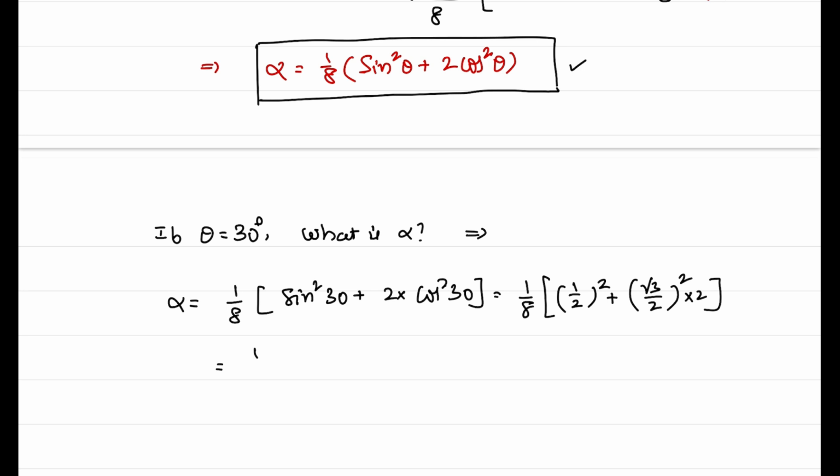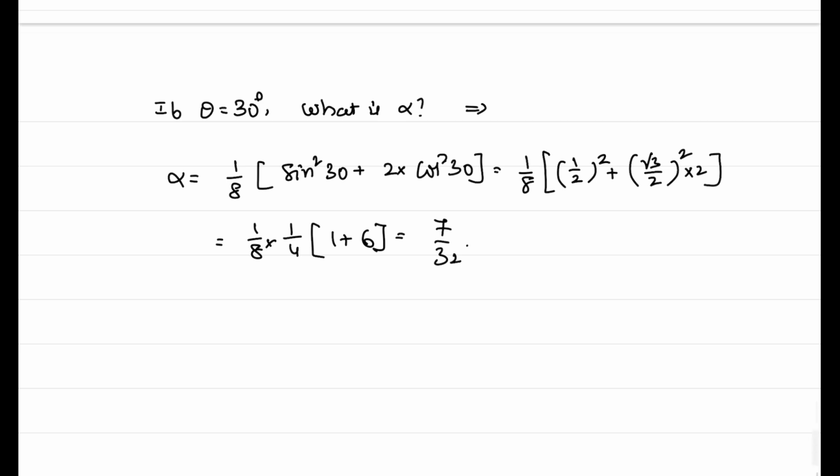That is 1 by 8 into 1 by 4 taken out, 1 plus root 3 square is 3, 3 into 2 is 6. That is equal to 7 by 32. That means if theta is equal to 30 degrees, alpha is equal to 7 by 32. This is the answer.